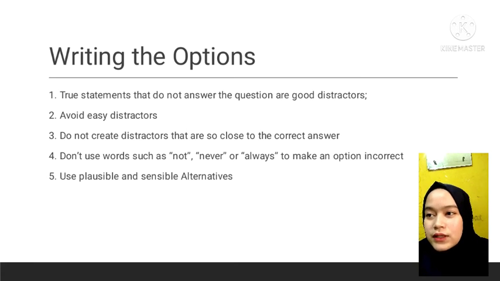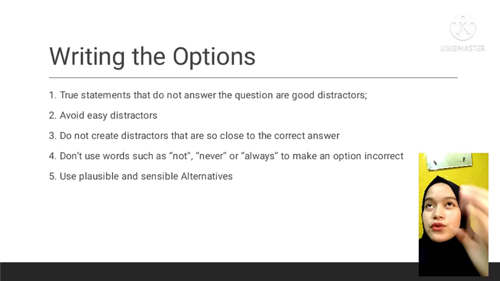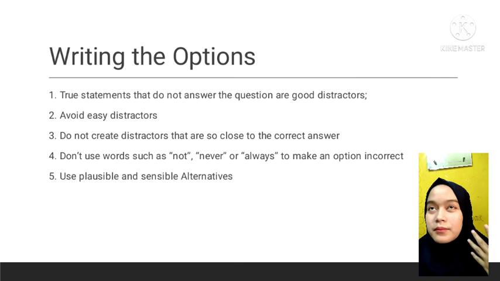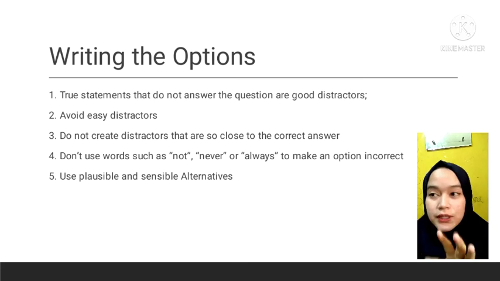And the second is avoid easy distractors. For example, if you make a distractor option and then you use words such as not, never, or always to make an incorrect option, like in number 4, it means that we give the student a clue.